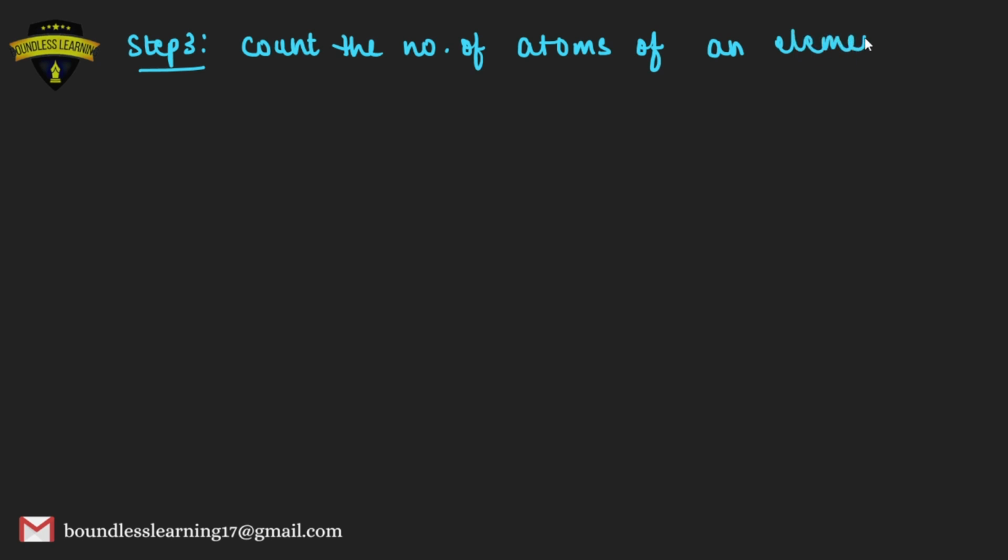Step 3 is we have to count the number of atoms of each element on both the sides. Count the number of atoms of an element on LHS as well as RHS in the equation.